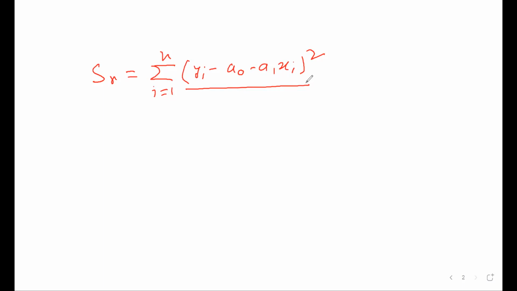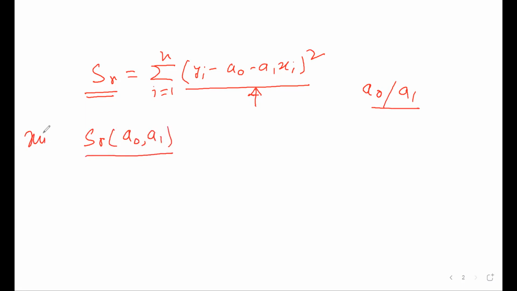No, sir. Why? Because this is the square of a real number, and the square of a real number is always positive, okay? Now, if this is your error, then with its help we have to find the values of A0 and A1 so that the error SR, which is a function of A0 and A1, will be minimum. That means we have to minimize this function.